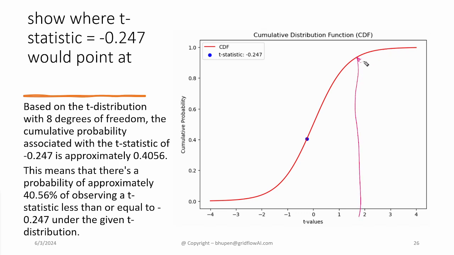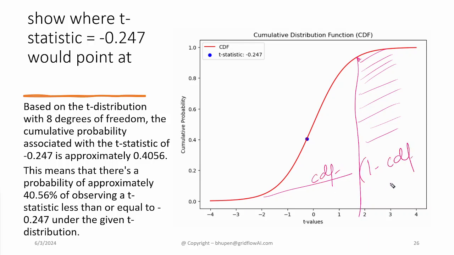We are interested in the region on the right-hand side, so this is going to be 1 minus whatever the CDF is on the left-hand side. And that is your p-value. If the statistical test returns a p-value in this region towards the right-hand side, then we can reject the null hypothesis.